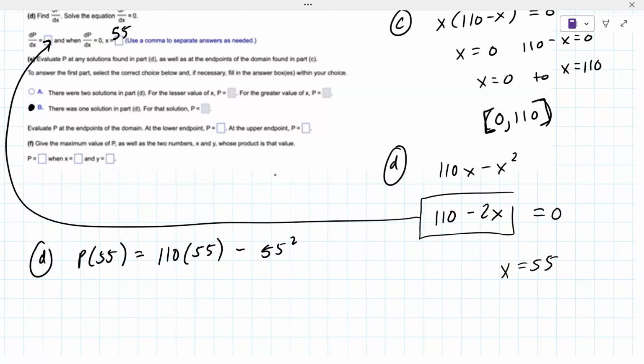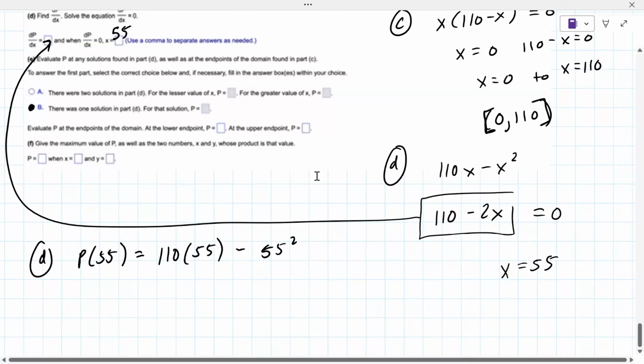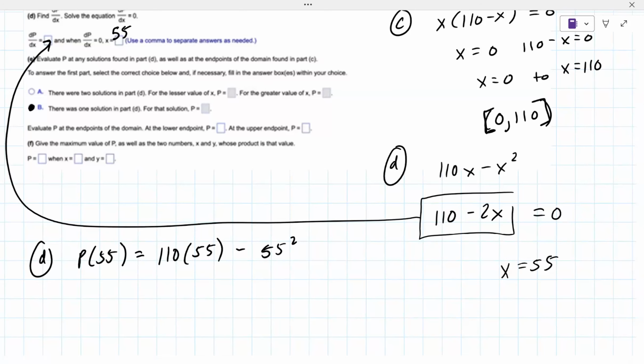Okay. So let's calculate that. 110 times 55 minus 55 squared. So that's 3025. So that's the answer there, 3025.